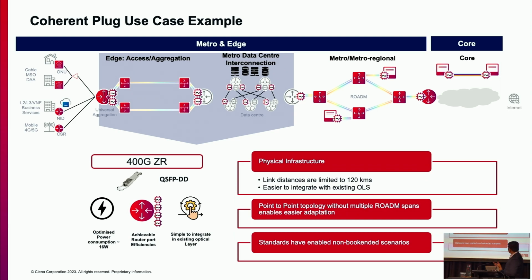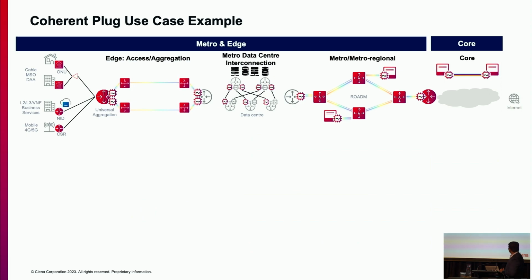So in this network architecture, we see 400 gig ZR is gaining a lot of traction, just because it's very simple to integrate in your existing routers on the optical line system. Provides the optimized power consumption, and more importantly would help you to achieve the router port efficiency because the links are not too long, the fiber loss is not too high, so we could easily drive 400 gig on the 400 gig ZR plugs.